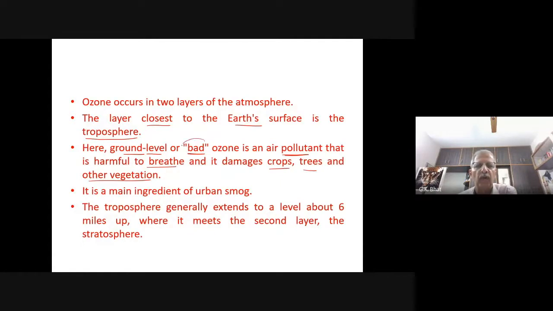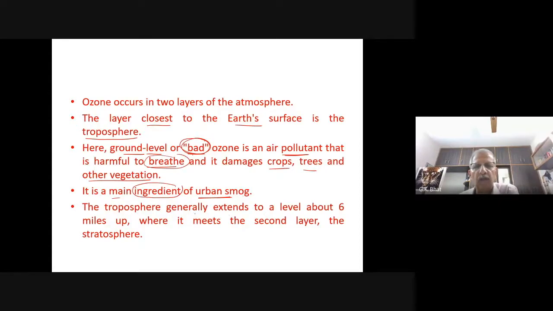Whatever ozone we have near us, around us, down below, very close to the surface, that is in the troposphere, is bad ozone, and it damages crops, trees, vegetation, and also affects our breathing. It is a main ingredient of urban smog. You know, smoke plus fog.